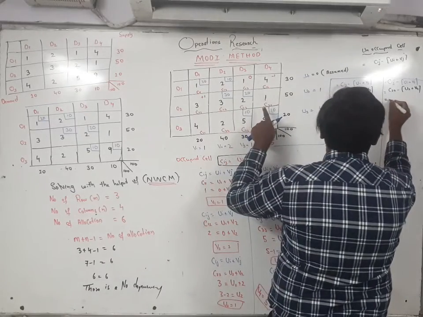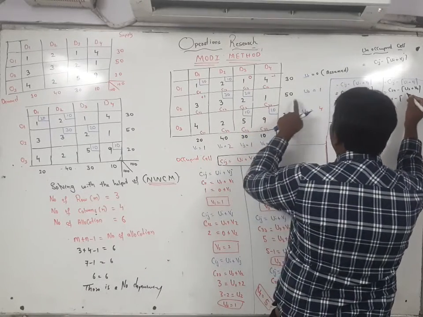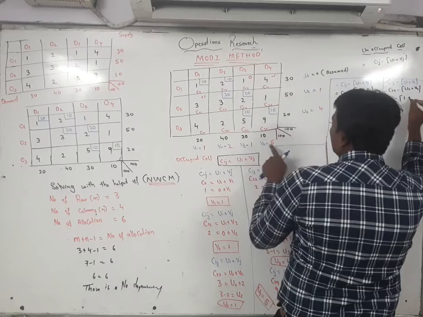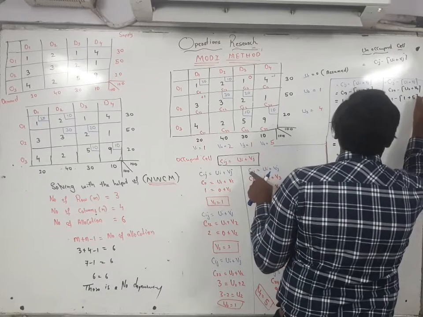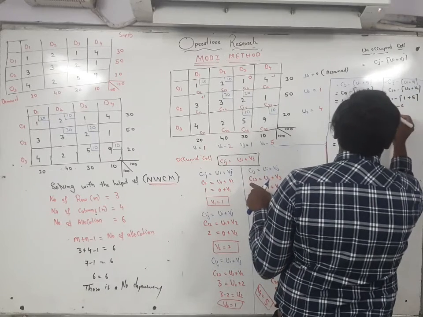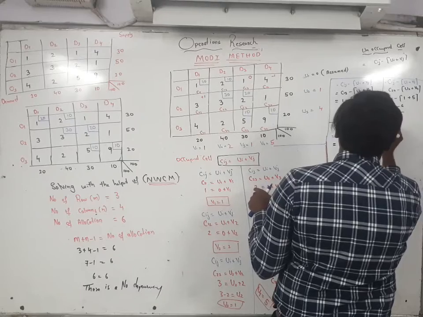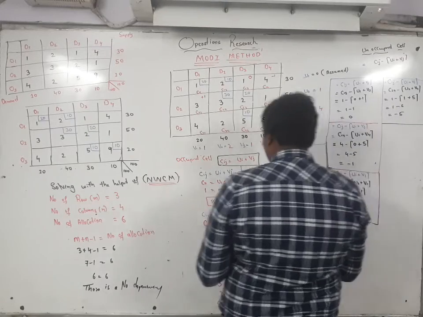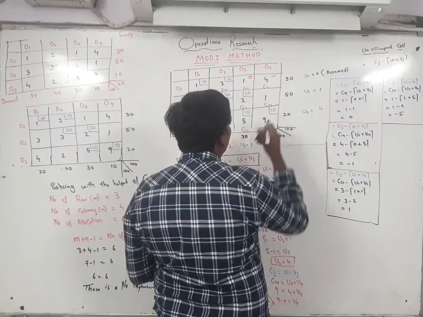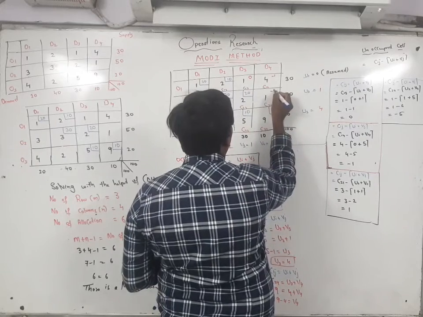C24, what is the value here? 1. U2 value is 1. V4 value is 5. So 1 minus 6, the answer is minus 5.